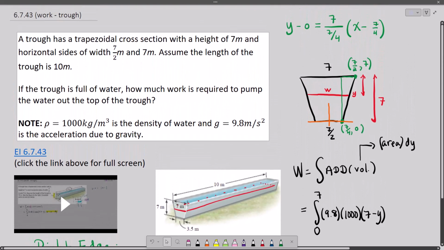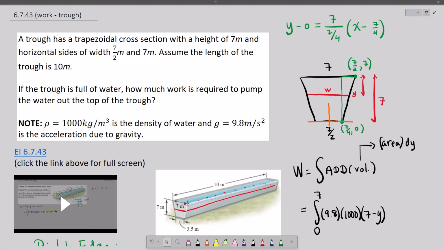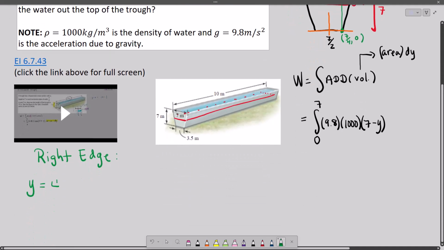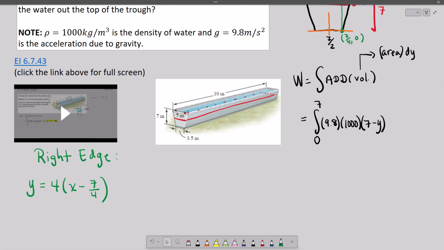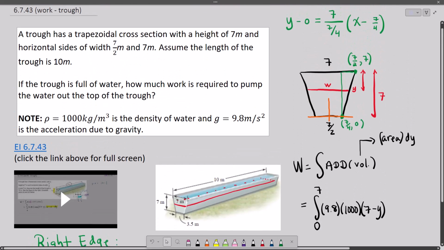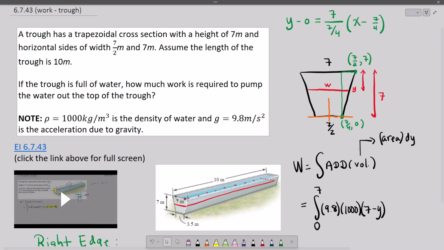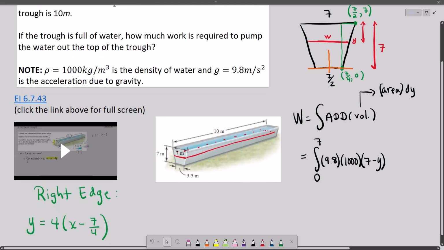Dividing by 7/4 means multiplying by 4 over 7, so that all simplifies to just a 4. So 4 multiplied by x minus 7 over 4. So there is our right edge equation.